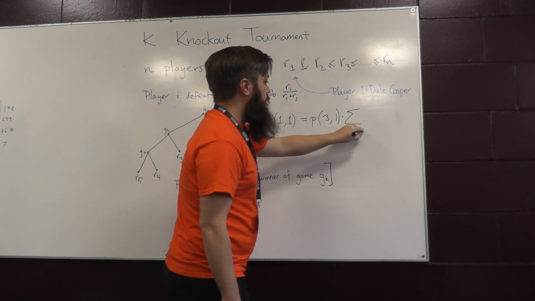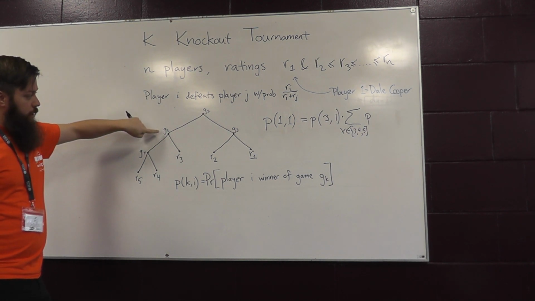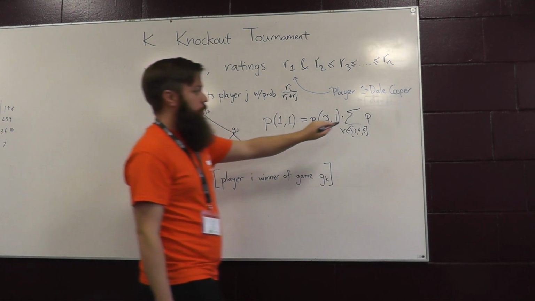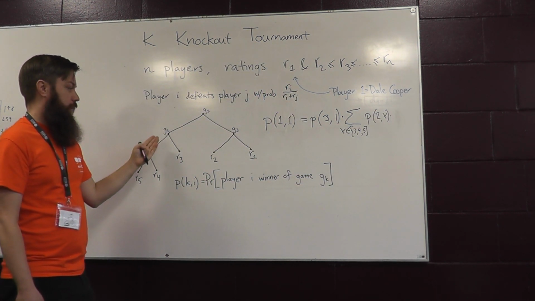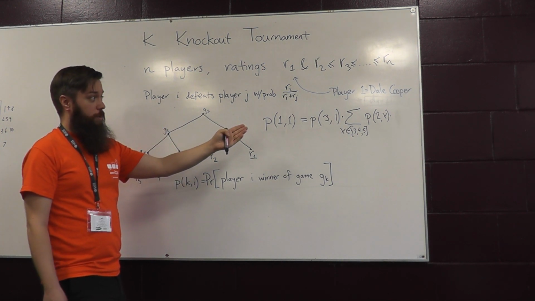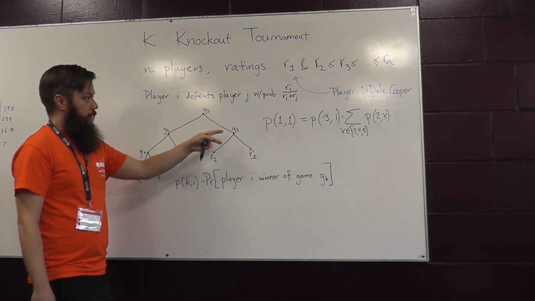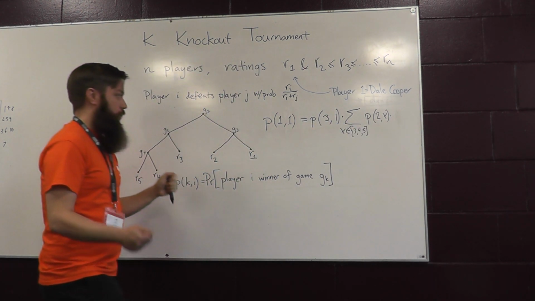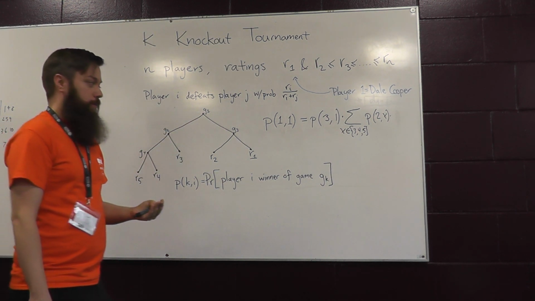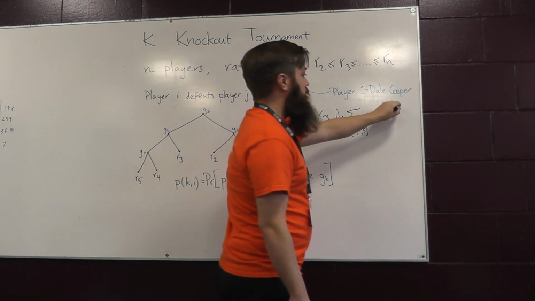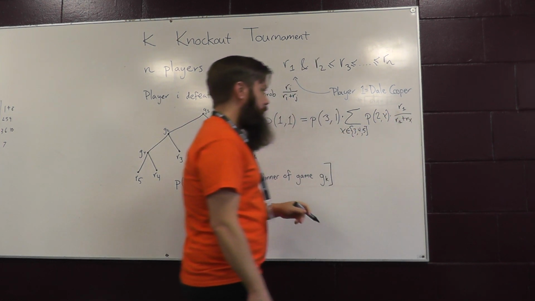Each term counts the probability that player x wins game 2, which is P(2, x), meaning the root game is between Dale and x. Then we multiply by the probability that Dale actually wins that game, which is R1 divided by R1 plus Rx.